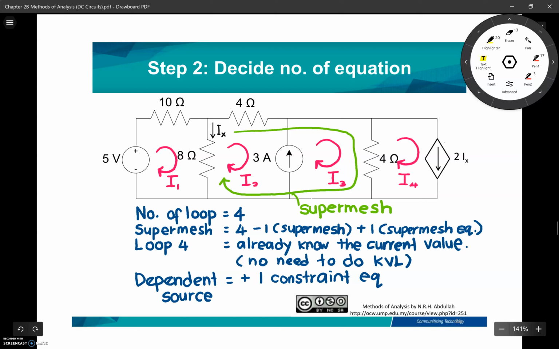There is a current source in between the loops. This current source is in between loop I2 and loop I3. So from 4, minus 1 because of the supermesh, but then you have to add another 1 because of the supermesh equation. So the total will be 4.